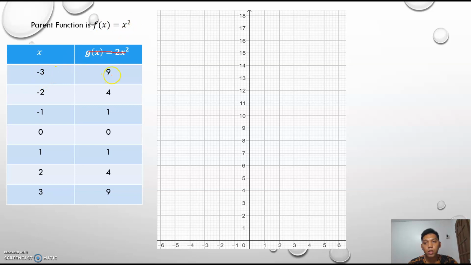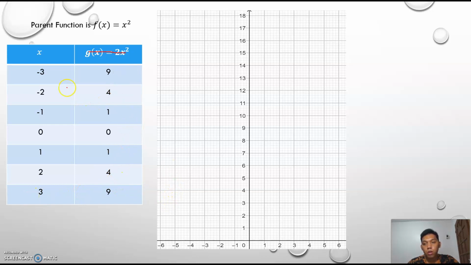Negative 3 squared is 9. All the values will just be squared: negative 2 squared, negative 1 squared, 0 squared, 1 squared is just 1, 2 squared is 4, and 3 squared is also 9.